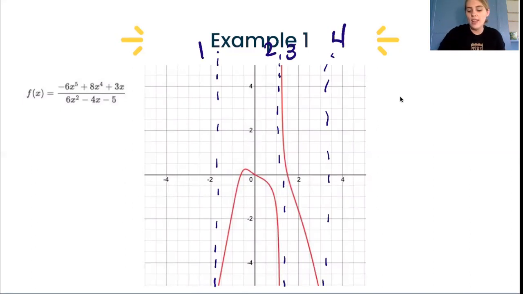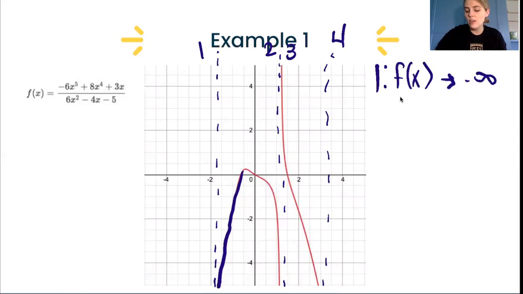If you look at spot 1, what I'm describing here is this line that's going all the way down. When we talk about end behavior, we're saying f of x is approaching negative infinity because it's going down.